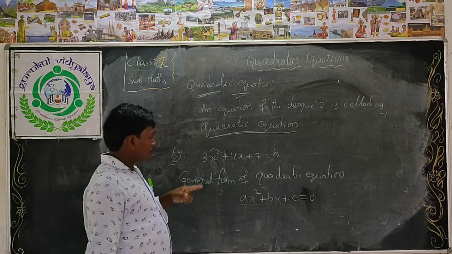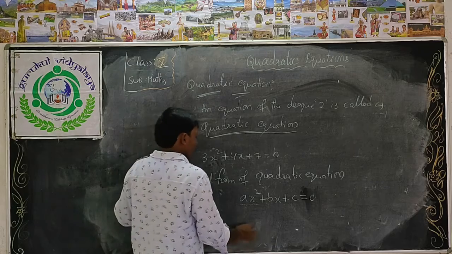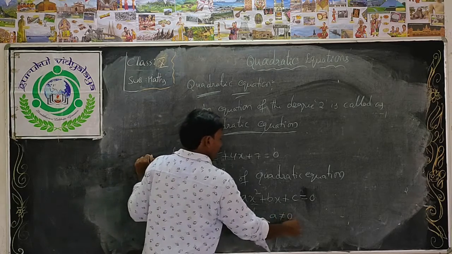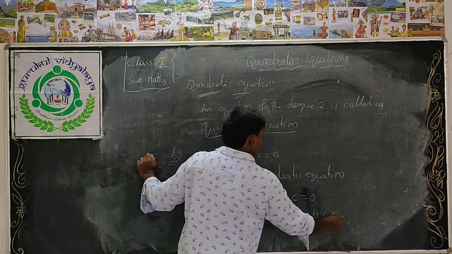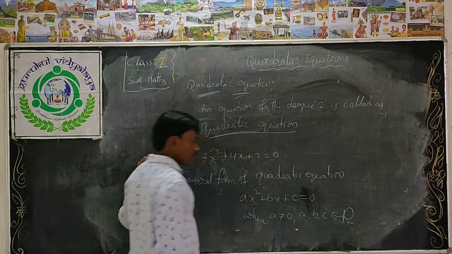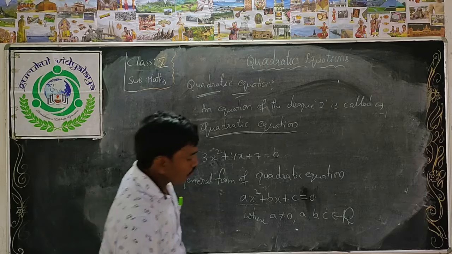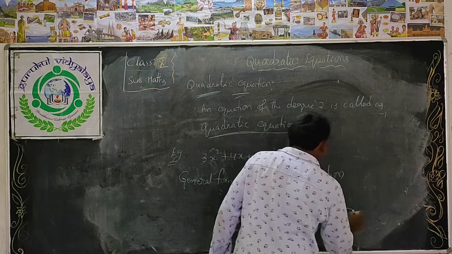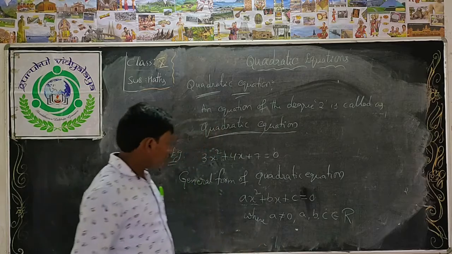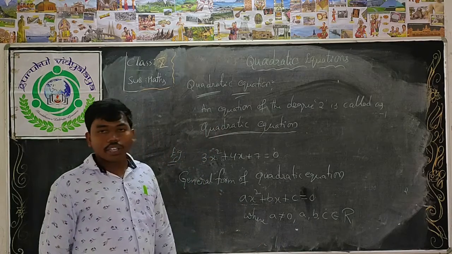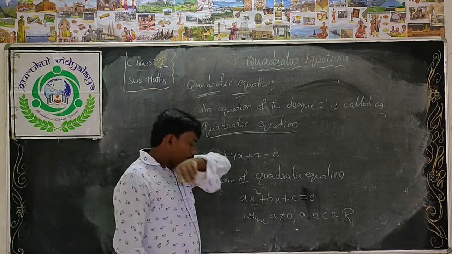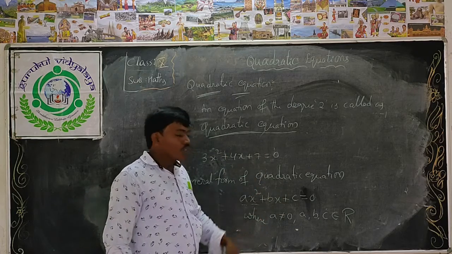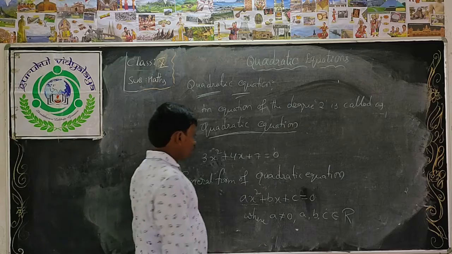Okay, ax square plus bx plus c is equal to 0, where a should not be 0 and a, b, c belong to real numbers. Okay children, what is the general form of quadratic equation? ax square plus bx plus c is equal to 0.